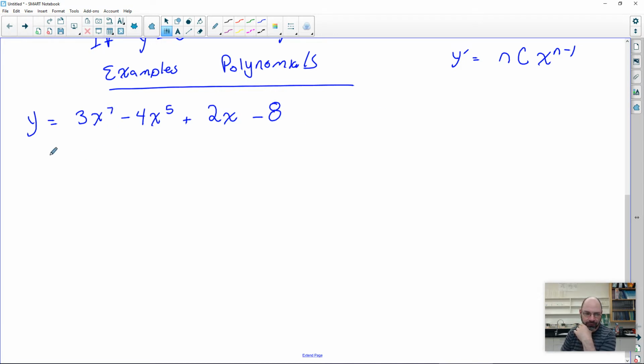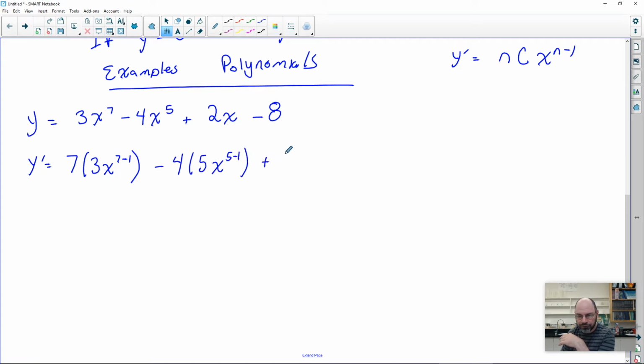If we're doing y prime, we take the 7 out front, then we multiply it by 3x to the 7 minus 1. Now you're not going to write that out all the time. You're going to do shortcuts, but I'm going to write it out at the beginning when we're starting this. So we got minus 4 times 5x to the 5 minus 1.